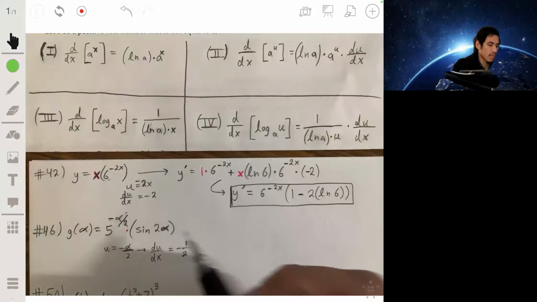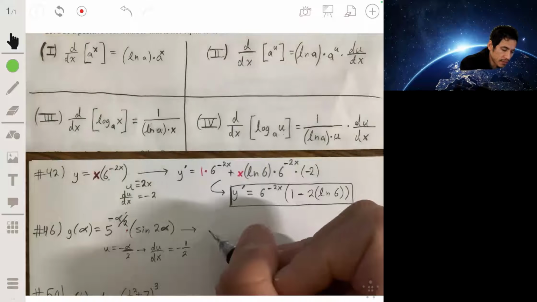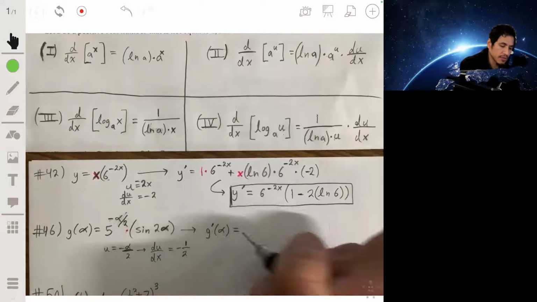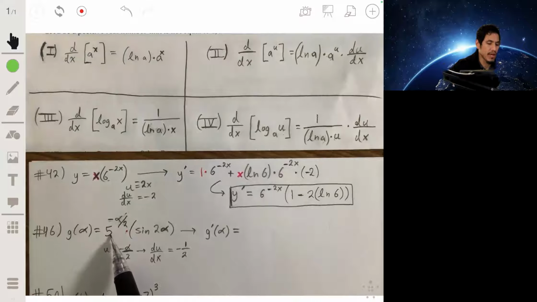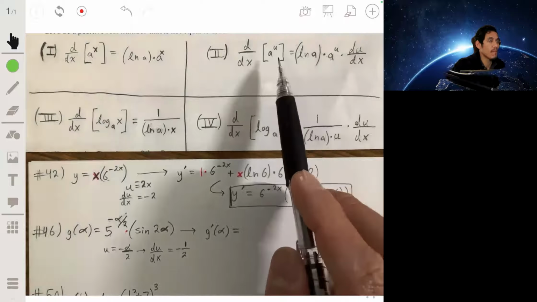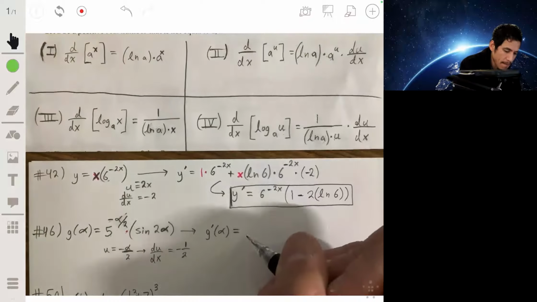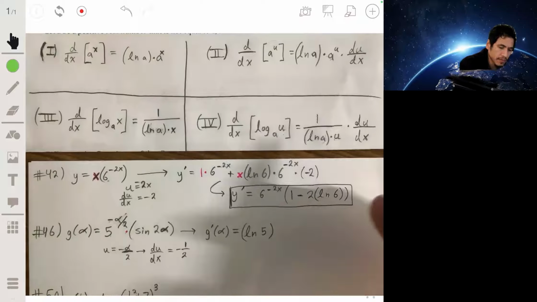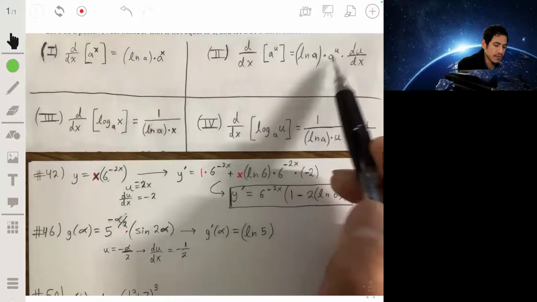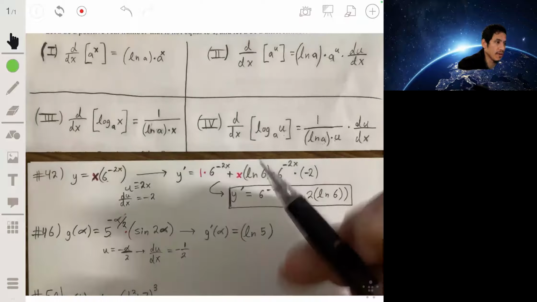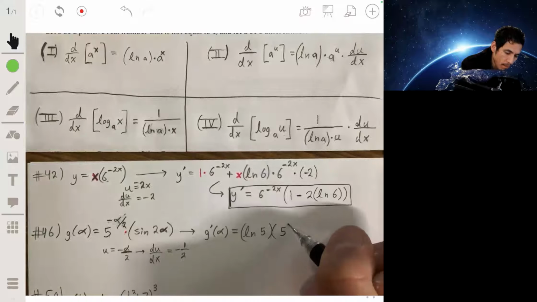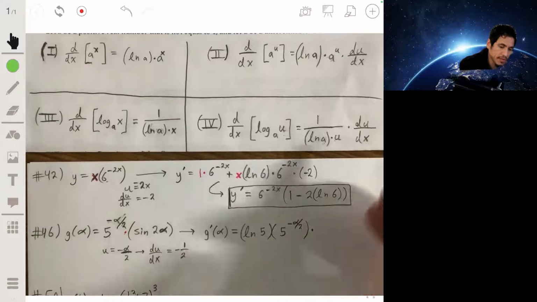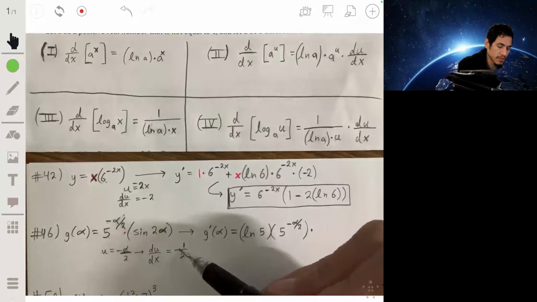Okay, so then the first part, g prime of alpha will be equal to, so our 5 will be like our a, so we'll have the natural log of 5 times a to the u, or 5 to the negative 1/2 alpha, times du dx, which is our negative 1/2.